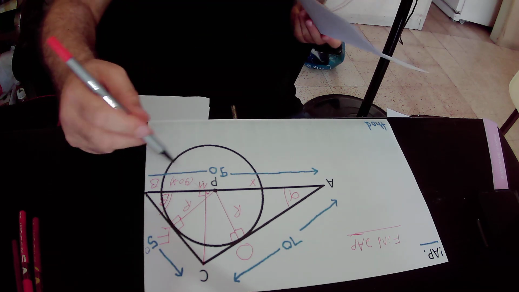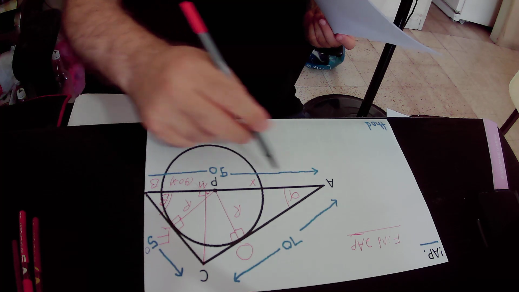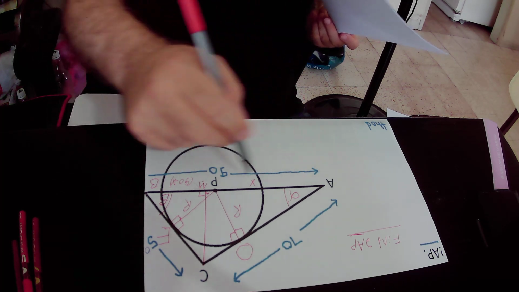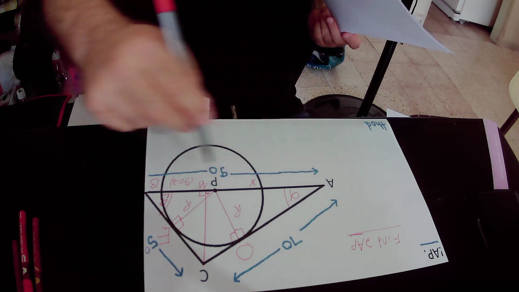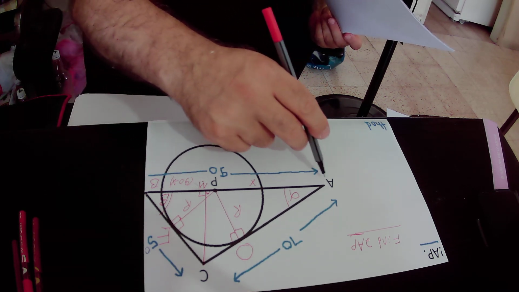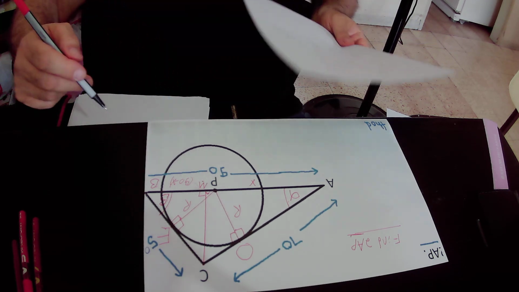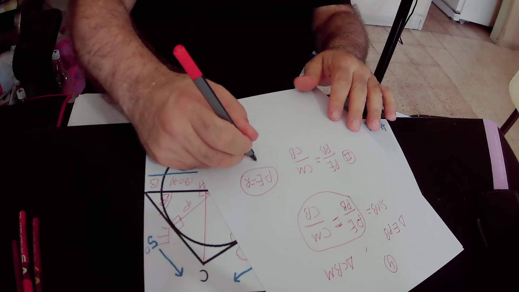PB equals to 90 minus X, so AB minus AP. That is to say, AB is 90 units minus AP, that is X, or 90 minus X.